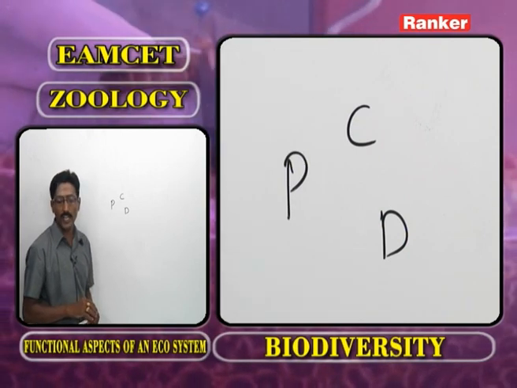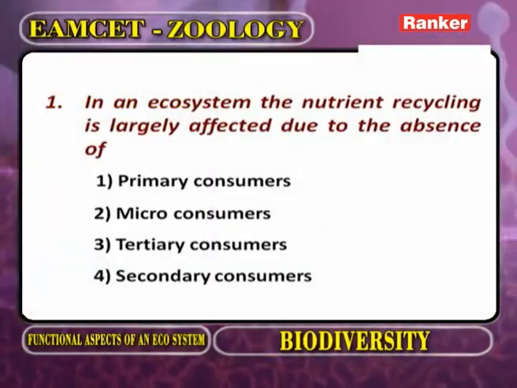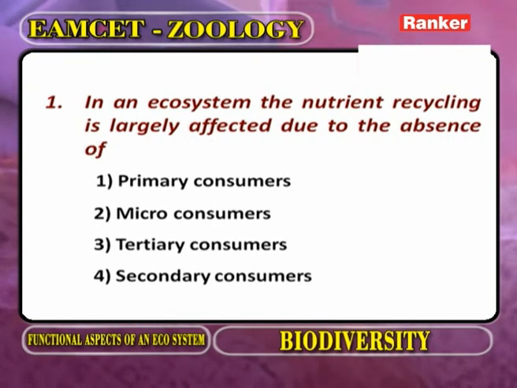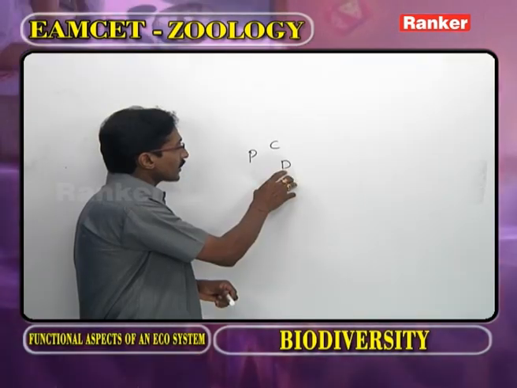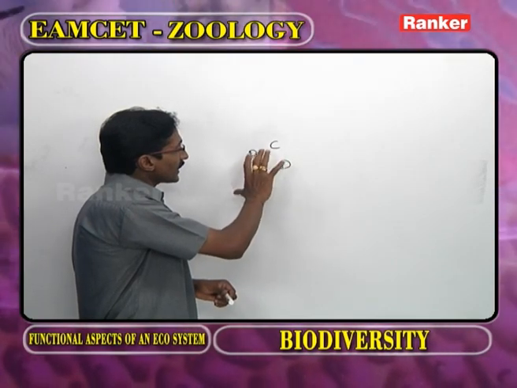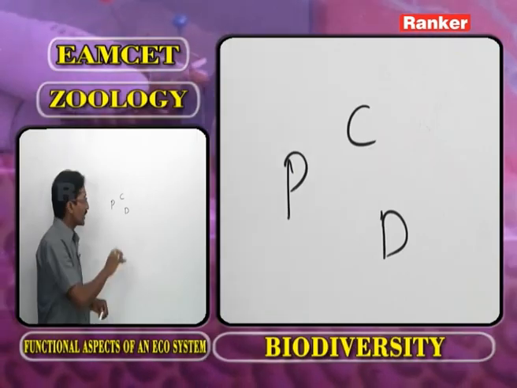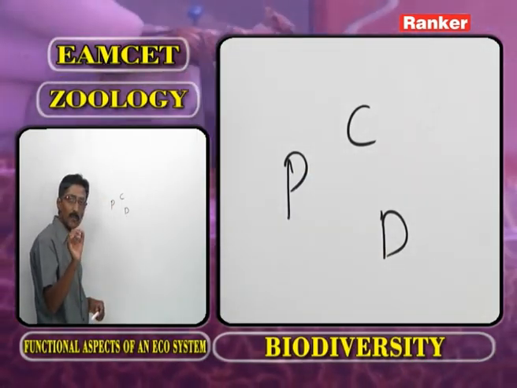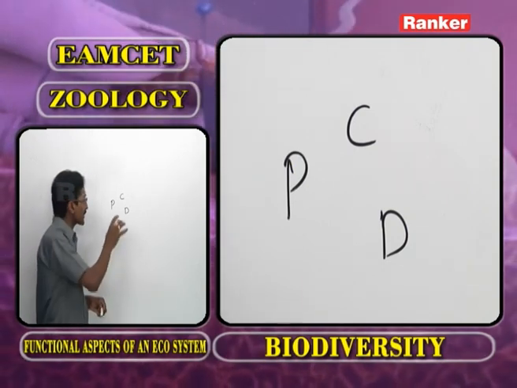Now here, what is the answer? In an ecosystem, the nutrient recycling is largely affected due to the absence of. Without decomposers, the cycling process will be affected. Because in the body of producers and consumers, complex organic materials are present.